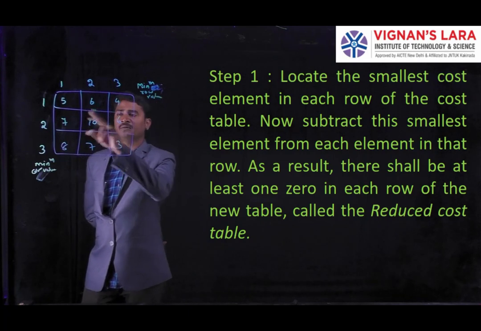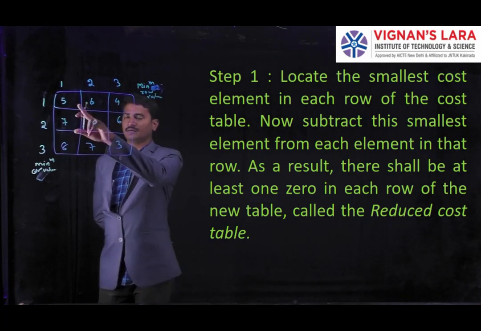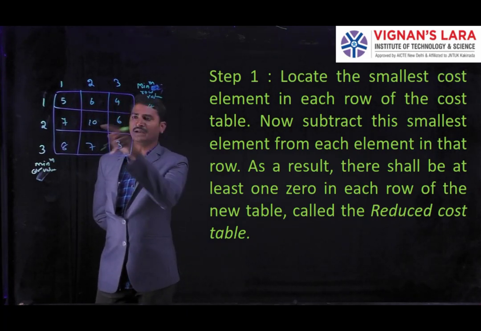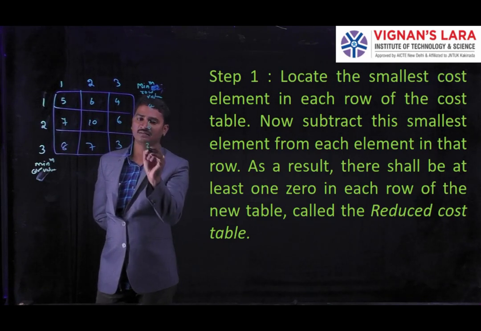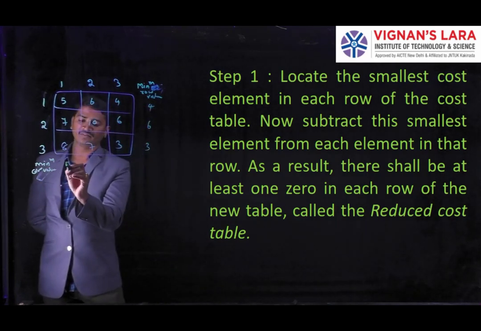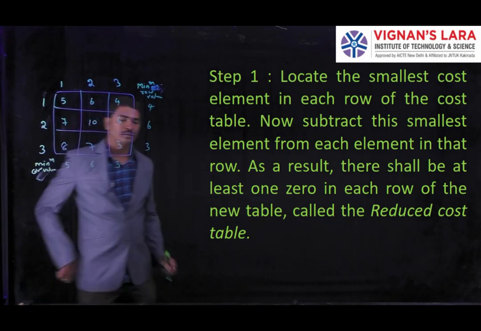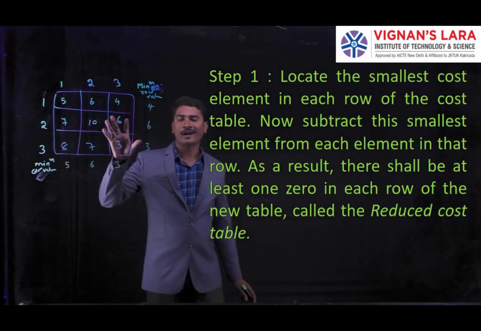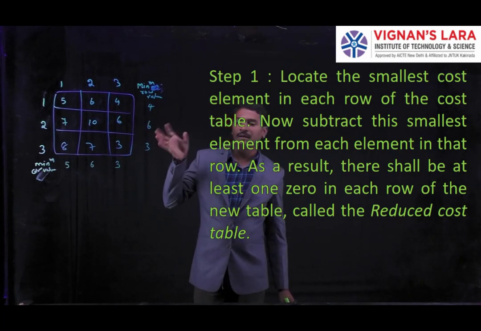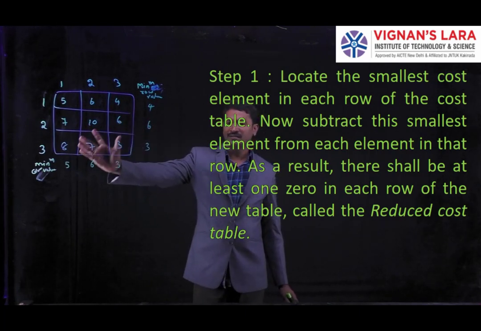Here, what is the minimum? The minimum value is 4, and in the next row the minimum is 6, and the minimum is 3. Here also the minimum is 5, the minimum is 6, and the minimum is 3. In the first step we have to identify the minimum values from this table.